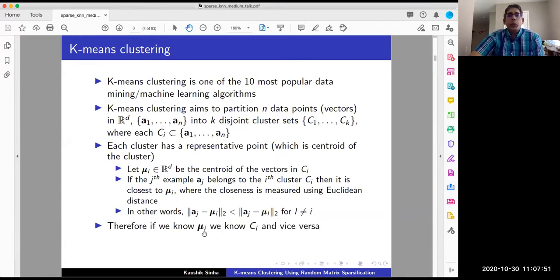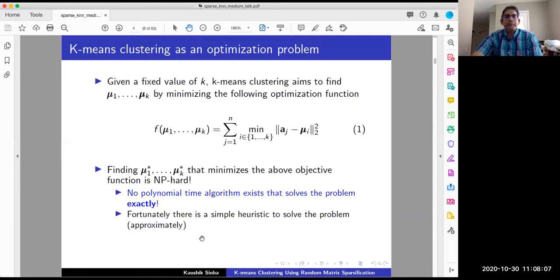Therefore, if we know these centroid points, we know what those clusters are, because you can simply compute the distance and allocate any point to the closest centroid. Similarly, if we know which data points belong to the clusters, using those data points you can compute the centroid points.